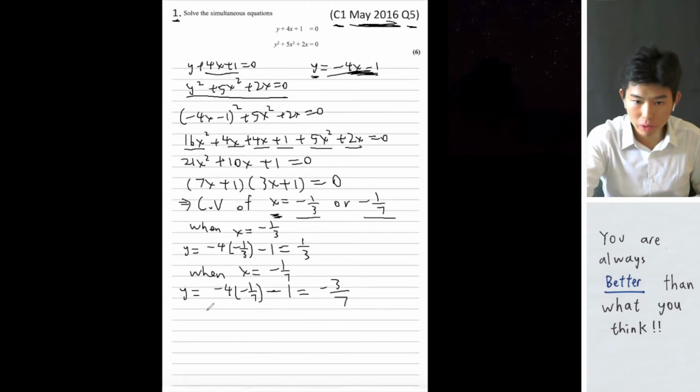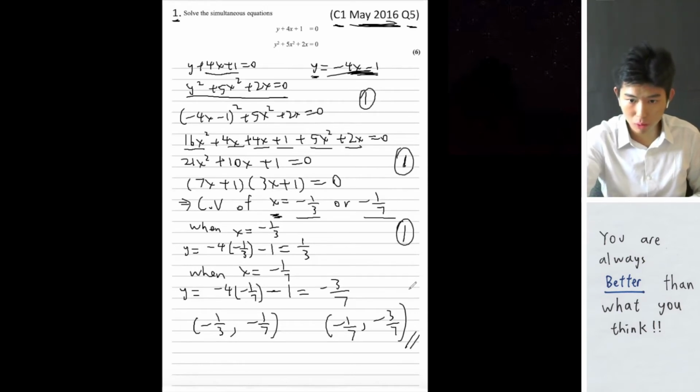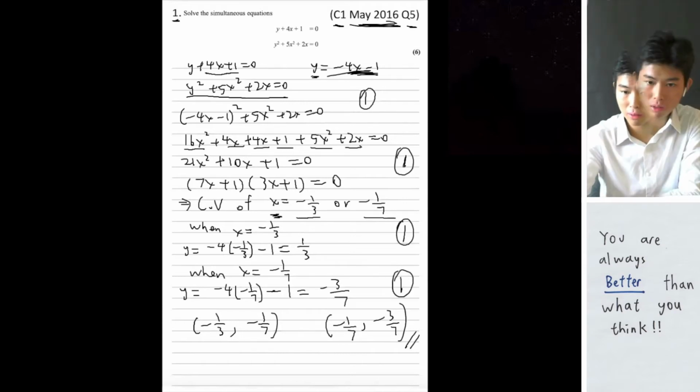Therefore, the coordinates are: when x is minus 1 over 3, y is 1 over 3, and when x is minus 1 over 7, y is minus 3 over 7. Here is the answer. So 1 mark for the substitution, 1 mark for the working, 1 mark for the critical values, and 1 mark for finding the y values.